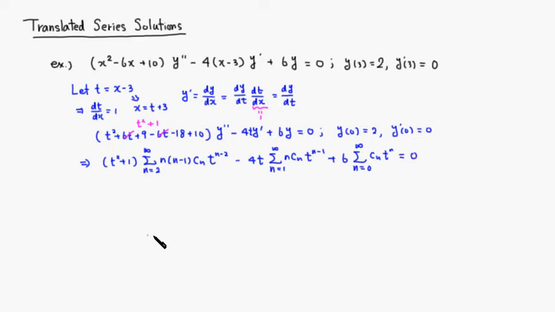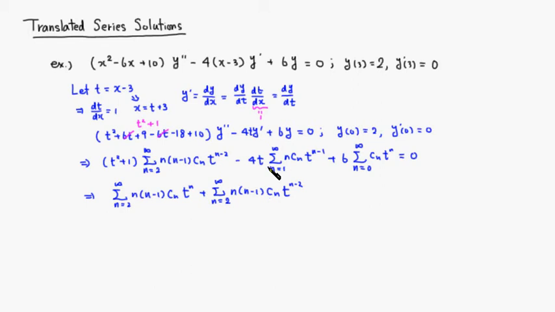So let's multiply this out first. t squared times that is going to be a summation, n equals 2 to infinity, n times n minus 1 times cn times t to the nth power, because t squared and t to the n minus 2 power gives you that. And 1 times that is going to be a summation, n goes from 2 to infinity, n times n minus 1 times cn times t to the n minus 2.